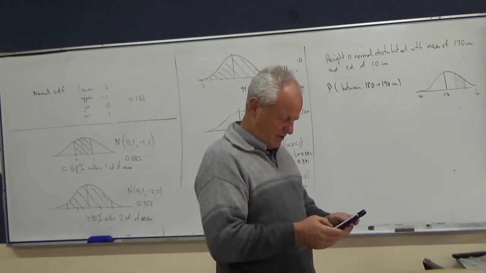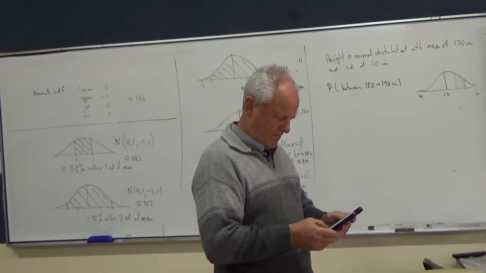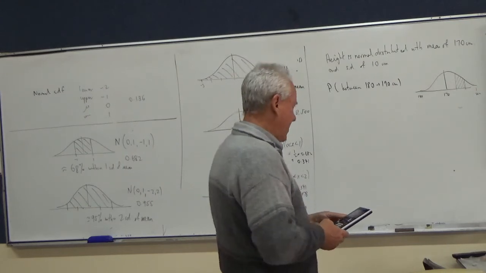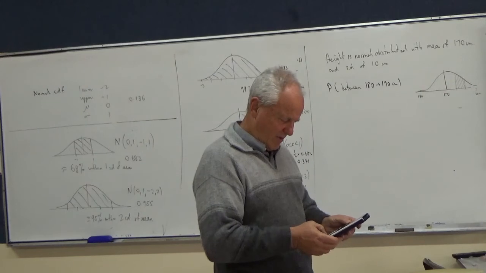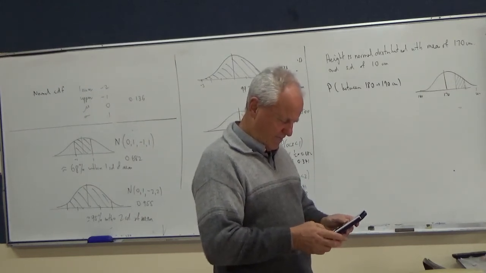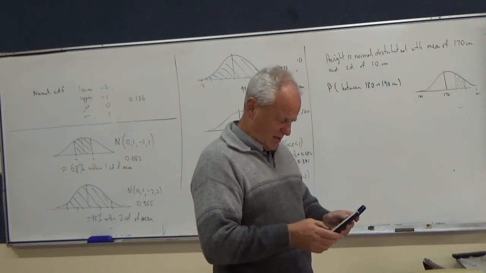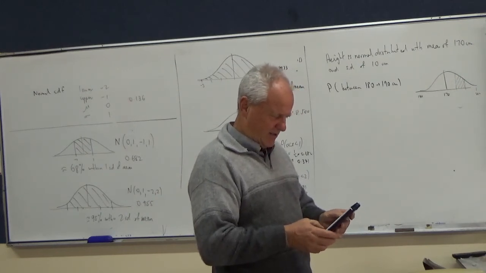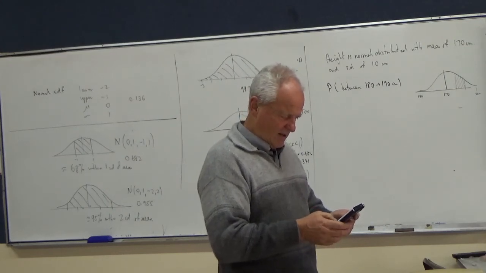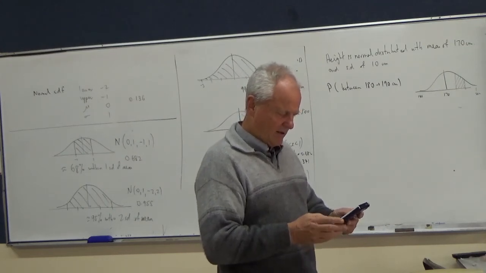If at first you don't succeed, give up. 5, 5, 2. Lower bound, 180. Everyone still awake out there or not? Upper bound, 190. Mean is 170, not 70. Standard deviation is 10. And here's our answer.